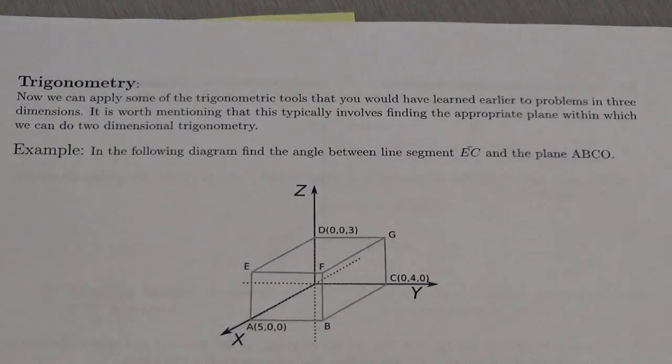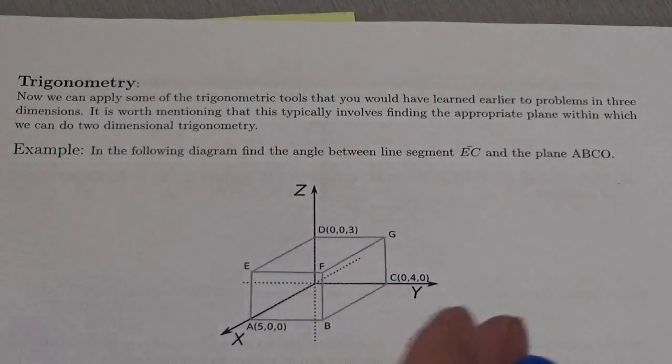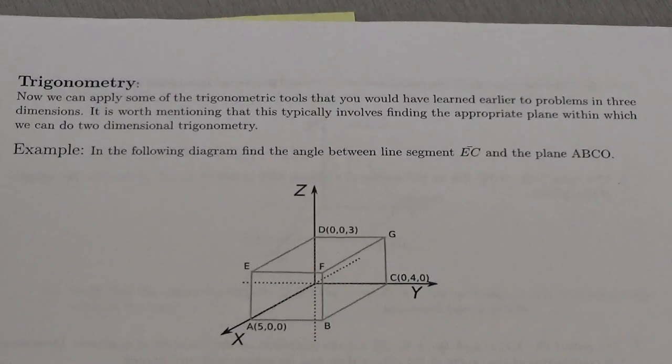Because you're comfortable with trigonometry, your SOHCAHTOA, if you will, with your sine law and your cosine law and so on. We're comfortable with that in 2 dimensions. So when we get a 3-dimensional problem like this, and you've done these before in earlier math courses, the only difference between what you did back then and what you're doing now is how you have to get the information that you need.